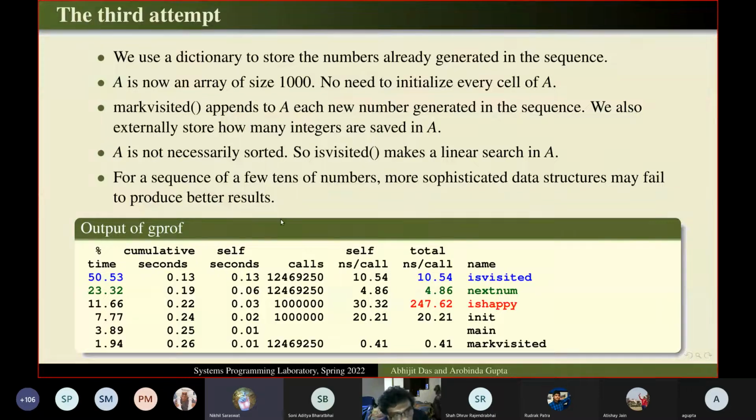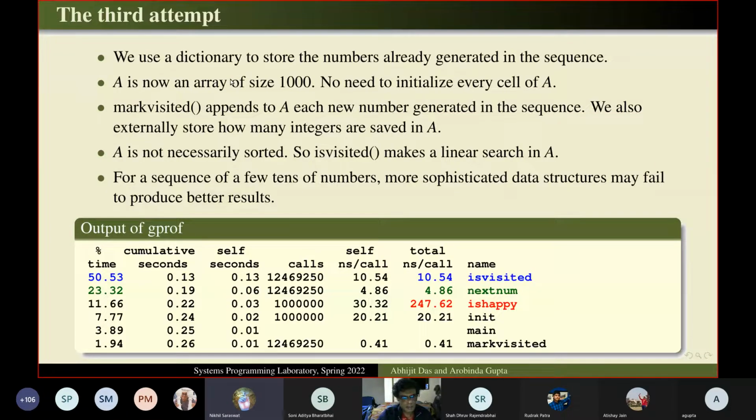Now, if I make a profiling analysis, once again, don't worry about these exact things. You see that init is now no longer taking much time in percentage contribution, because I am just setting the total number of entries initialized to 0. So that's not much.